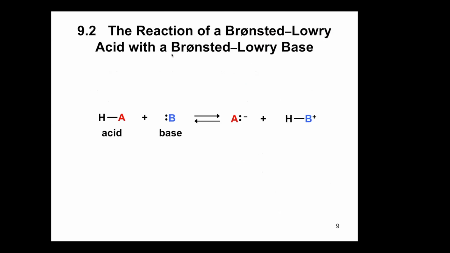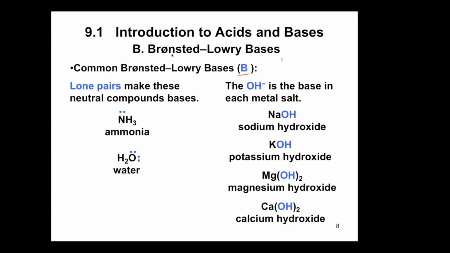Okay? So, how do these compounds, the acids and bases, react? As you can see, our general formula for the Bronsted-Lowry base is B with a colon. This is the general formula of the base. Why is there a colon? It signifies the lone pair of electrons that the base contains to accept the proton. Okay?